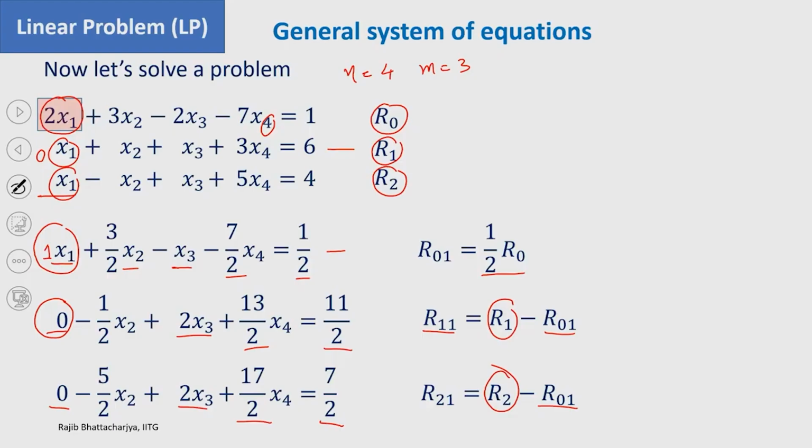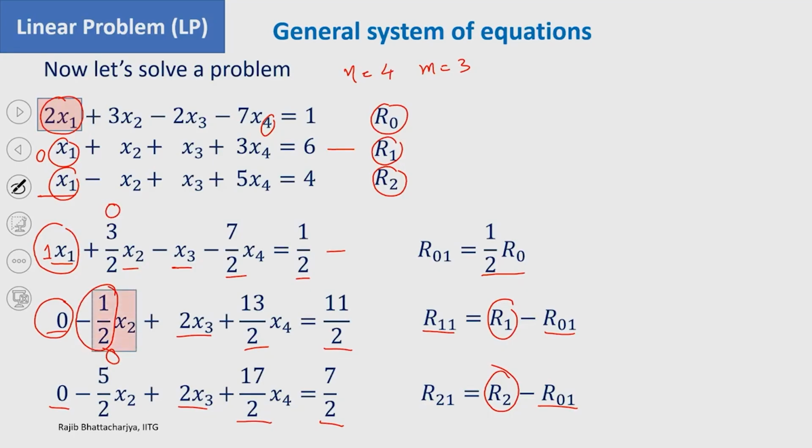Okay. So, now I can repeat this process. Now I will take the x2 variable. I would like to make the coefficient of the x2 variable in equation 2 as 1, and then I would like to make it 0 for the other two equations.